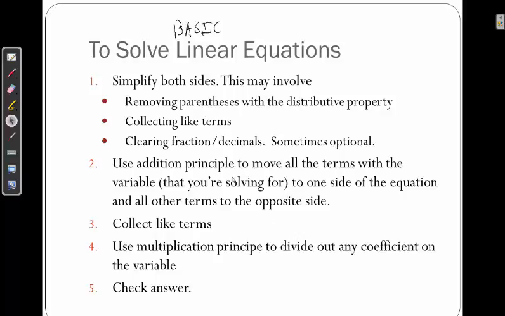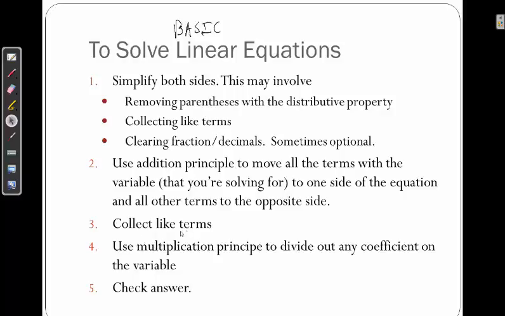Once you've simplified both sides, you want to use the addition principle to move all terms with the variable you're solving for to one side, either the left or the right, and then move all the other terms to the opposite side. So if you got x plus 2 equal 3, you want to move that 2 over to the opposite side. So all your variable terms will be on a single side.